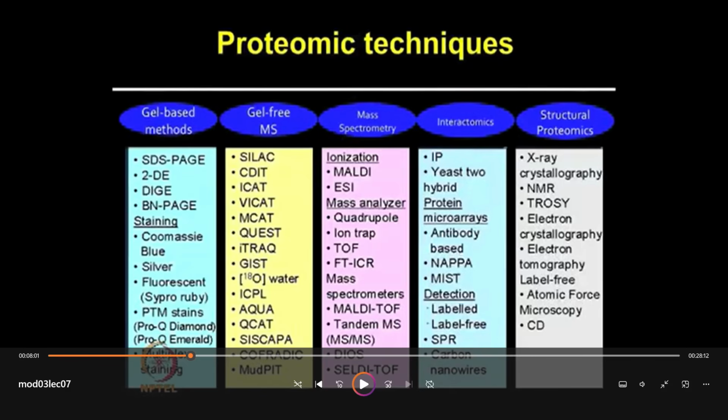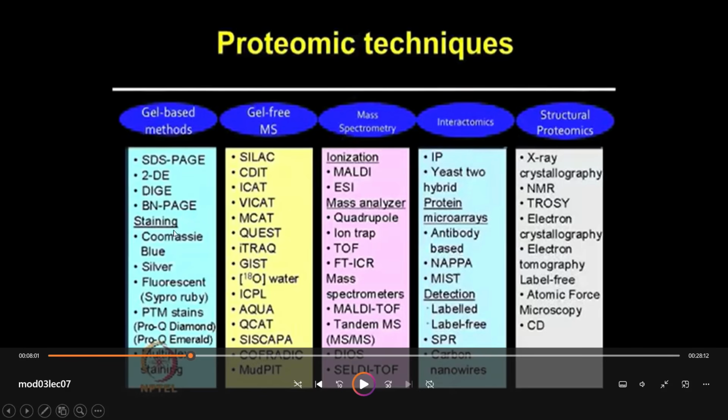Proteomics can be studied in different ways. We are currently studying only gel-based methods, where we talked about 2D and DIGE, and in both of these techniques we use SDS-PAGE. We also talked about native PAGE in week 2 or week 3 lectures, I think week 2, where we talked about blue native PAGE as well.